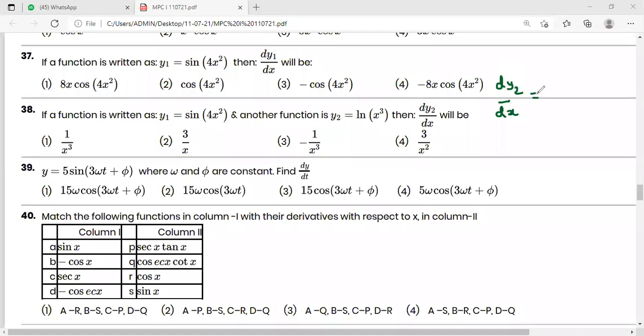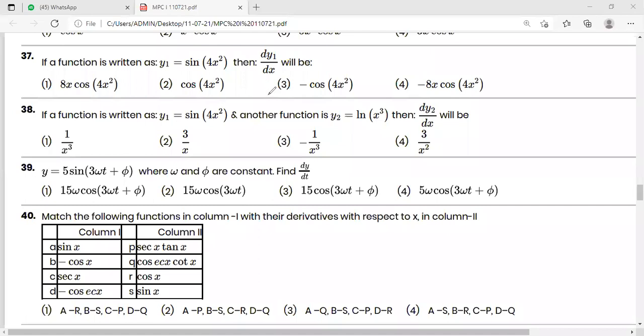So here log x cube. For any logarithm function, what is the derivative? 1 by x cube, 1 by x, in place of x there is x cube, into the derivative for the inside function. What is the derivative for x cube? 3x square. So x square and x square will get cancelled. Then the answer will be 3 by x only. The second option will be the correct one then.